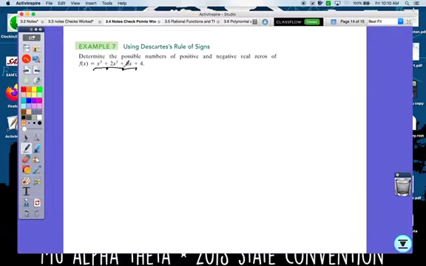So since there are no sign changes, we have 0 sign changes, that means that there are no positive real roots. So if we were to actually solve this problem out, we would know, don't even try those positive numbers. They're not going to work. And roots is synonymous with those zeros.